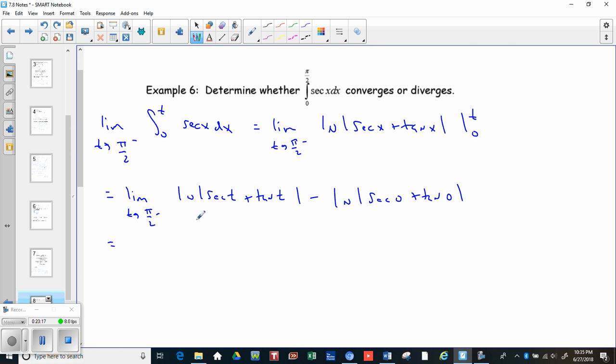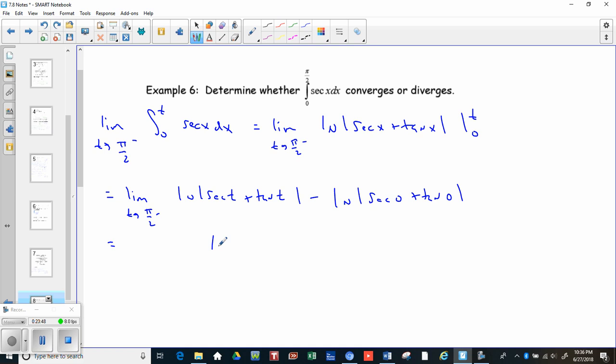This piece over here, we actually have to do some evaluation. So this is going to be plugging in pi halves. So we get natural log of secant of pi halves, but we already said that that's undefined. Here's the important part. The tangent, as we approach pi halves from the left, remember that approached infinity. So I'm going to get probably an infinity here plus another infinity. Well, that's just going to be another infinite value.